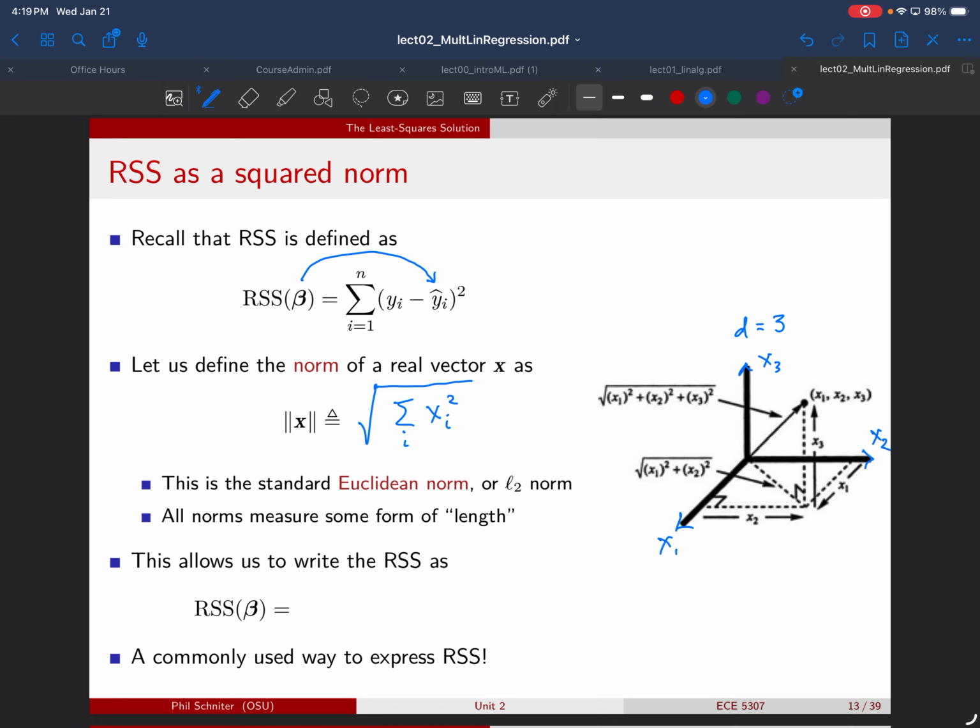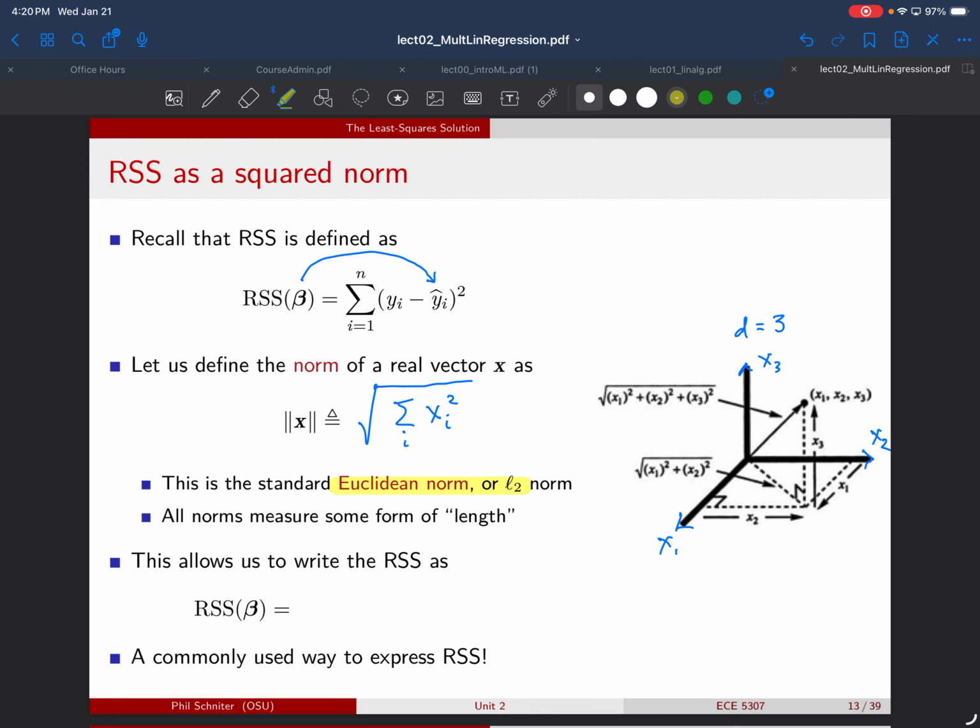And if we have a point over here and the origin here, and we want to measure the straight line distance between those 2 points, you can do that in terms of the components. You would take x1, square that. You take x2, which is this distance, square that. And then you take x3 distance, square that, sum them all together, and take the square root. And that's how you get the distance from here to here. Okay, so this is a Euclidean norm.